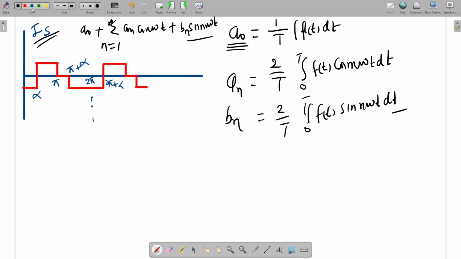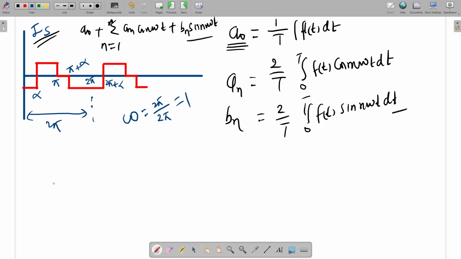So what is the period here? Period is 2 pi. So omega we can write as 2 pi by time period, and the period is already 2 pi, so 2 pi by 2 pi is equal to 1. Okay. So now we can write the equation.